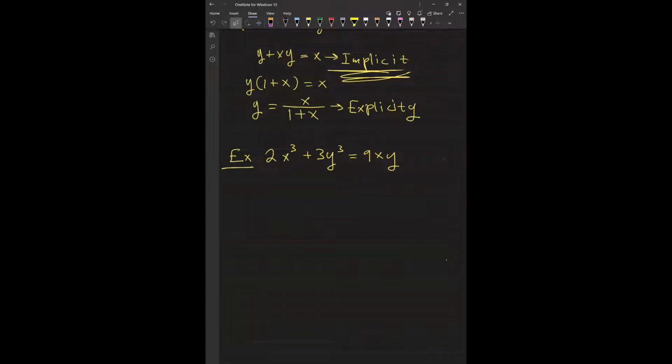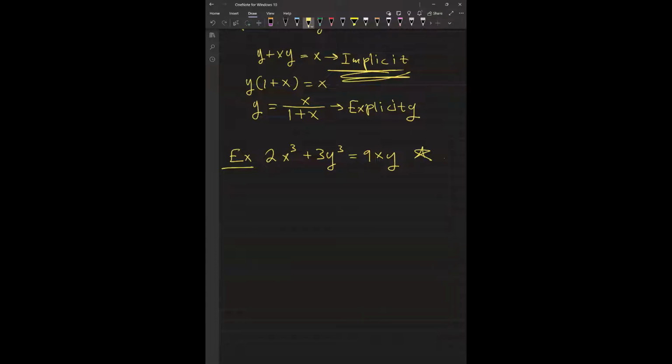This one, though, there's actually no way that we are going to be able to get that as y equals something in terms of x. Even if we get y by itself, there's still going to be other y's on the other side. They're of course going to mess you up, and we don't want that.